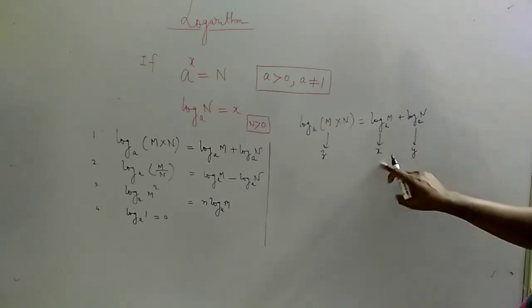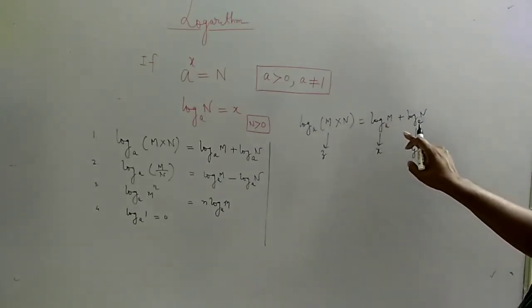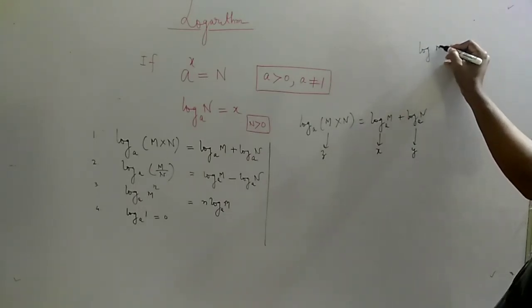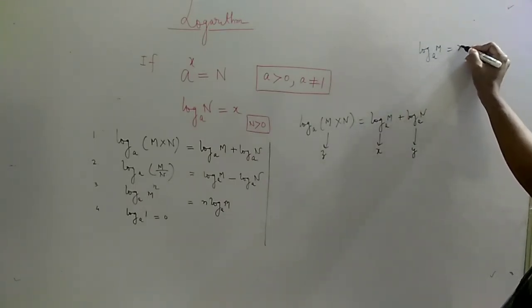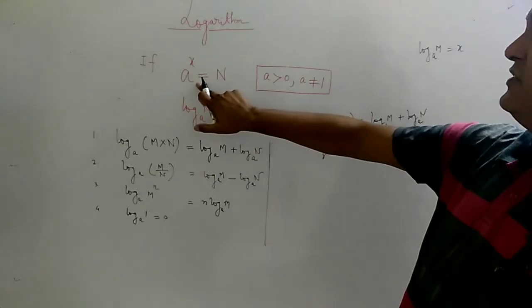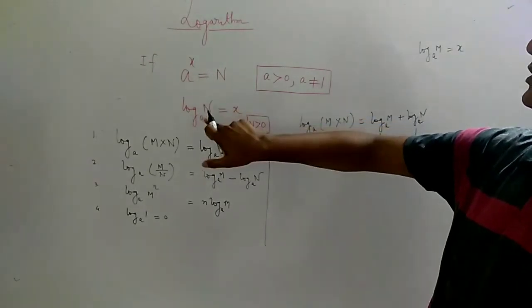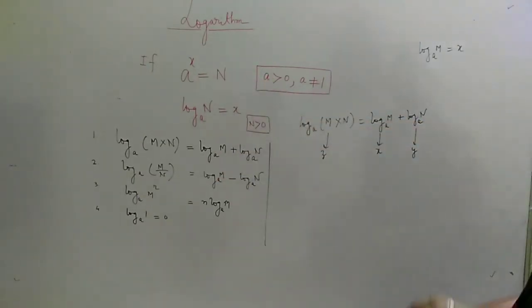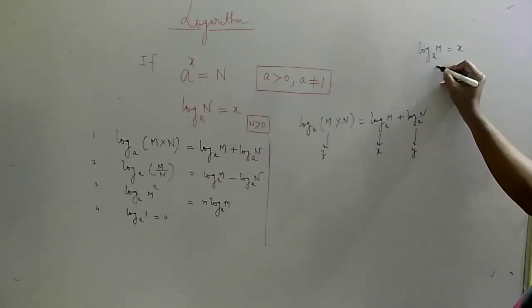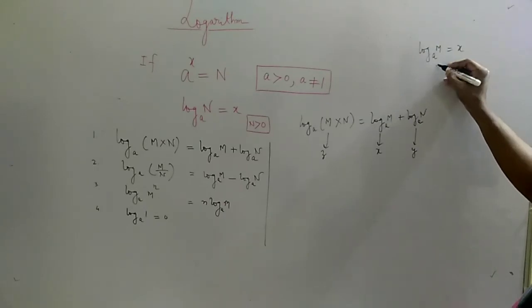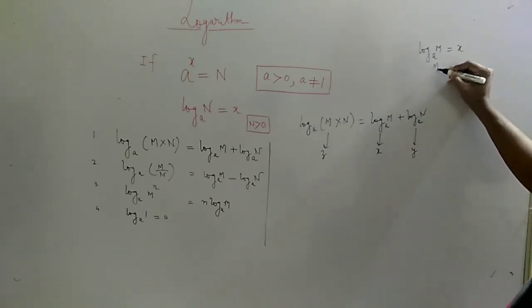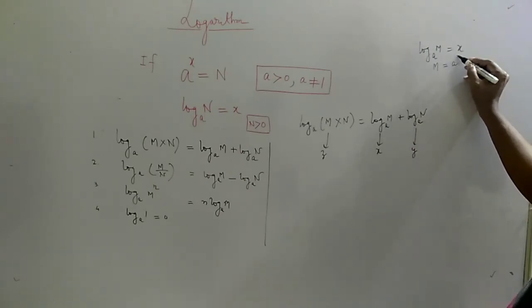So if you take this in this form, log m to the base a is x. Since this definition gives you the birth of the logarithm, from here I can return to the indices at any time. So m is a to the power x.